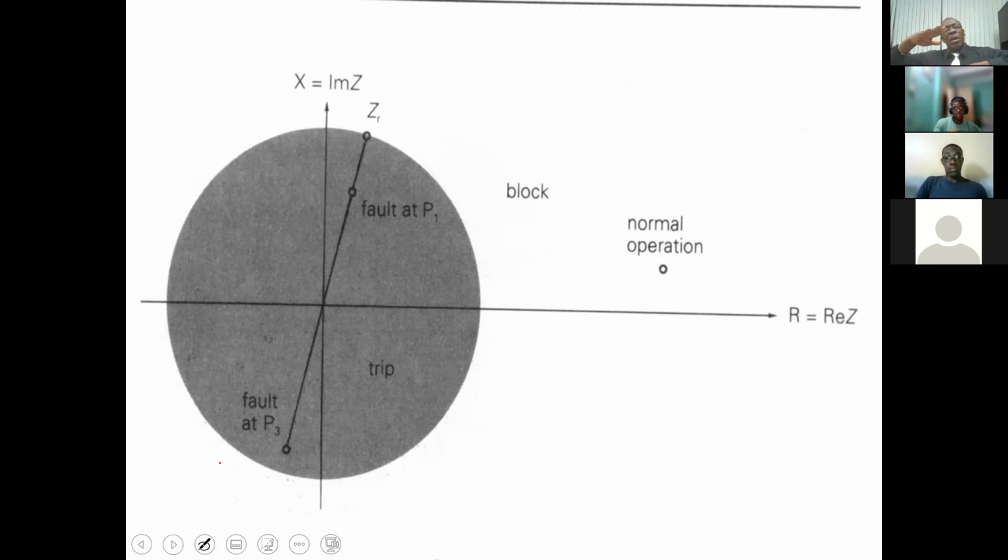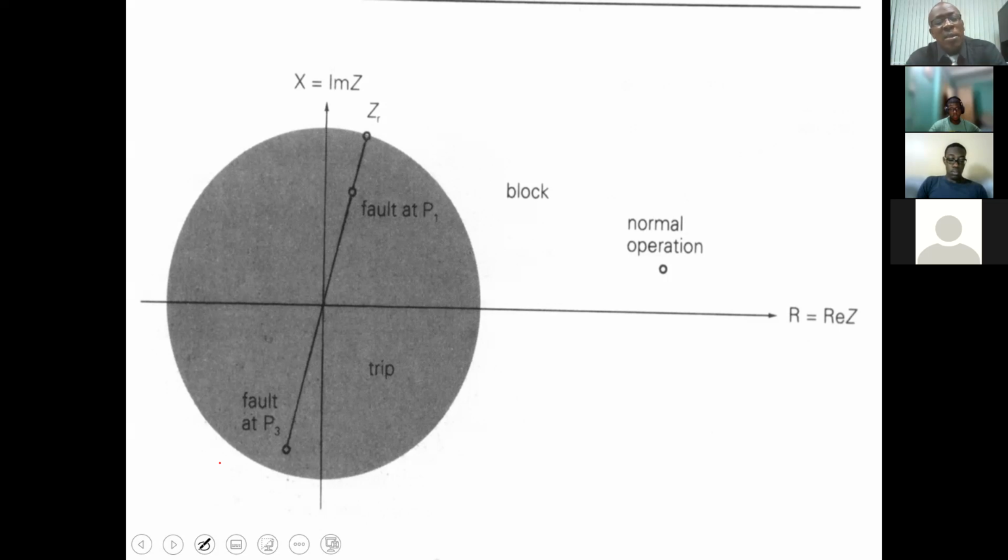You do have a parallelogram, and that is just by virtue of your uses. So you have the offset relay characteristics, but you do have parallelogram and some other characteristics. We're not going to introduce you to all of that. The one that we are going to be using is the one shown on screen.